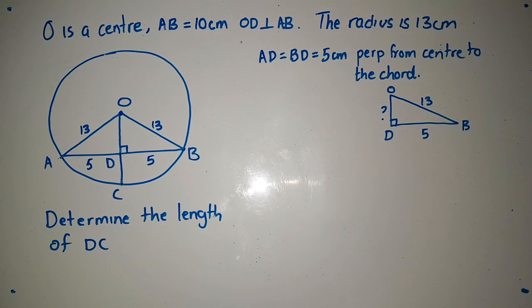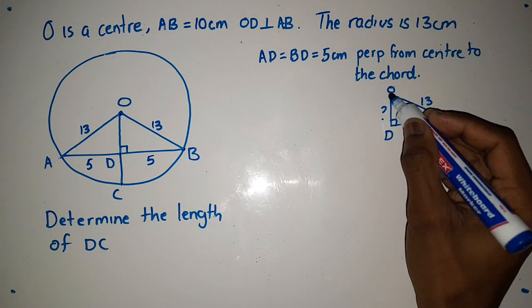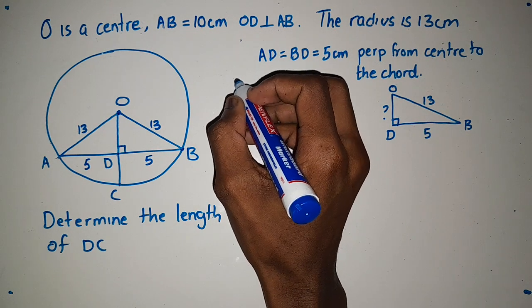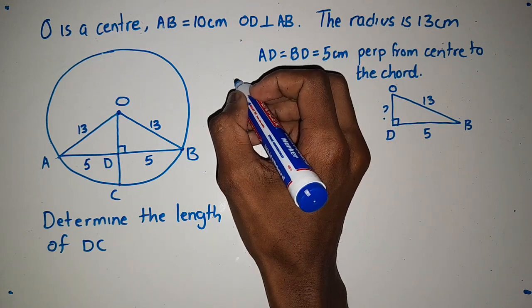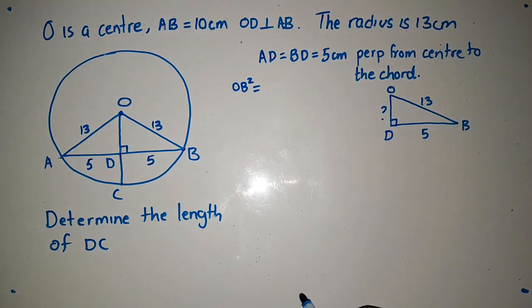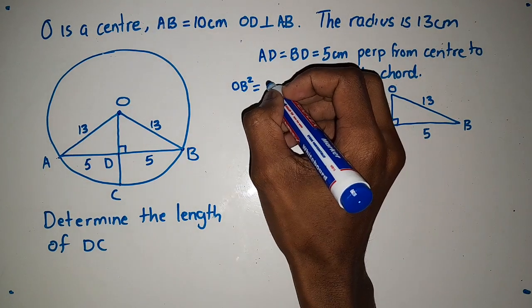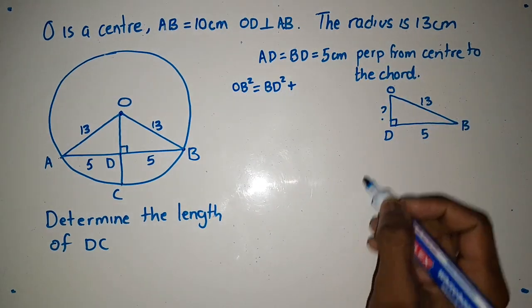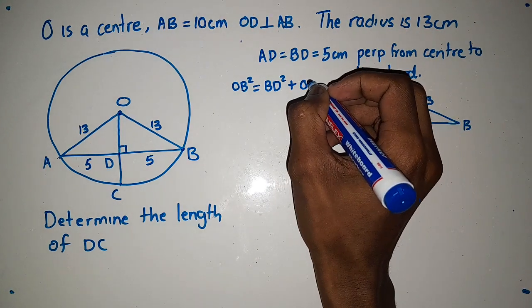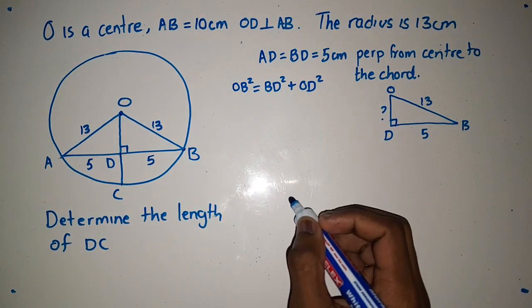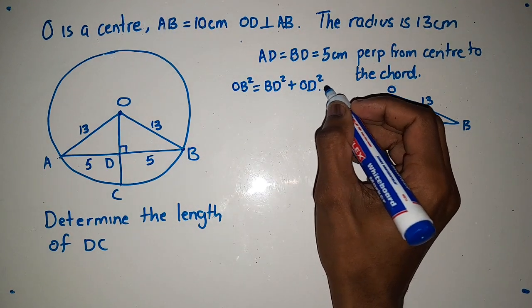We have a right angle triangle. For us to get OD, clearly we are going to use the theorem of Pythagoras, which is as follows. Let me say OB squared is equal to BD squared plus OD squared, like this.